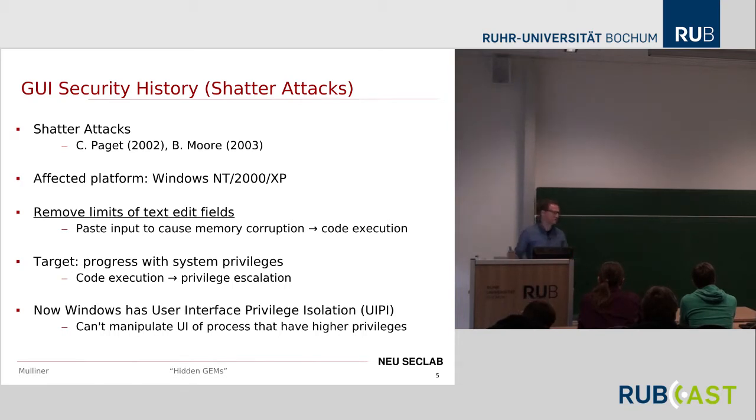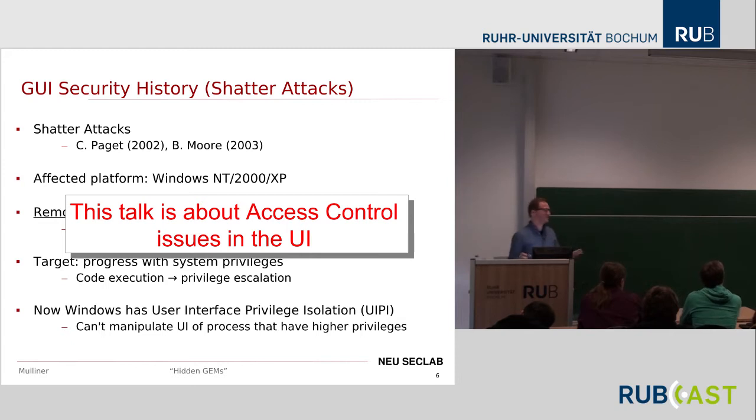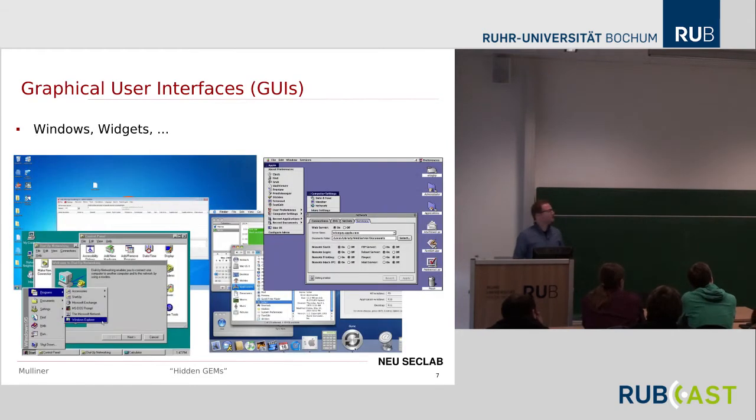Like you cannot just kill a process on a Unix system that runs as root if you're not root. But this talk is not about this. This was an old issue, and this talk is more about access control within applications. So if we go back and look at UIs again, what's a UI?